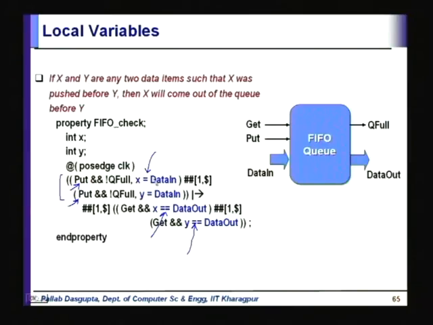Now I am trying to show you that from the point of view of checking this property, for every pair of data this property has to be explicitly checked, right. Whereas on the other hand, if we could somehow say that these two puts are consecutive puts, then the number of pairs becomes order n, if n is the number of data. Here it is order of n square.